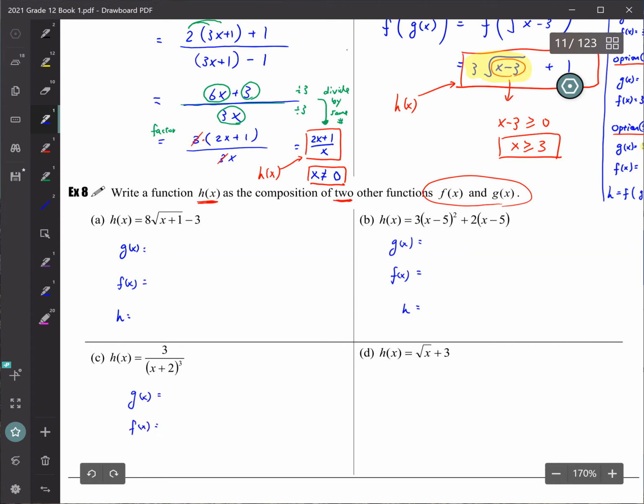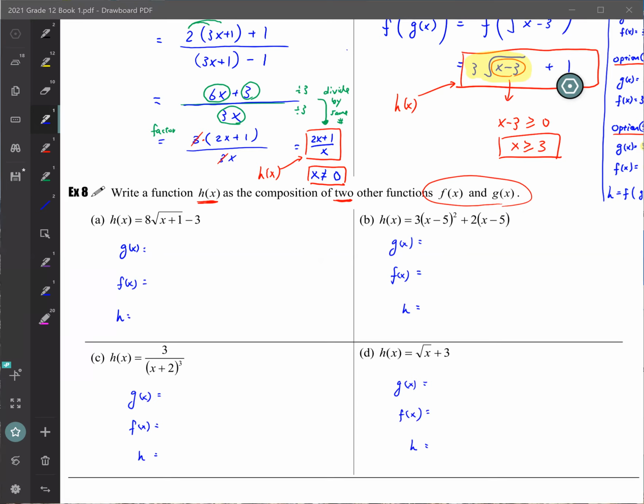So for each question, please show 3 things: inside, outside, and who's inside, who's outside. Let's check answers when you are all done with all 4.